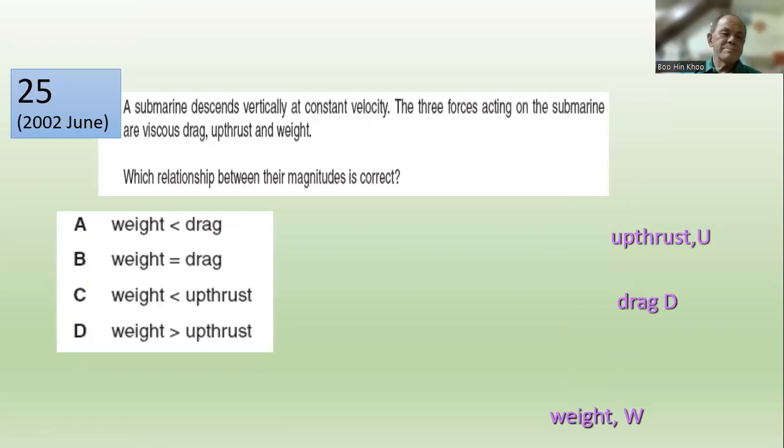A submarine descends vertically at constant velocity. Three forces act on the submarine: viscous drag, upthrust, and weight. Which relationship between their magnitudes is correct? The key is constant velocity, that means it's in equilibrium. Roughly draw a submarine, or just draw an object. Motion is downwards. Descent means moving down vertically.